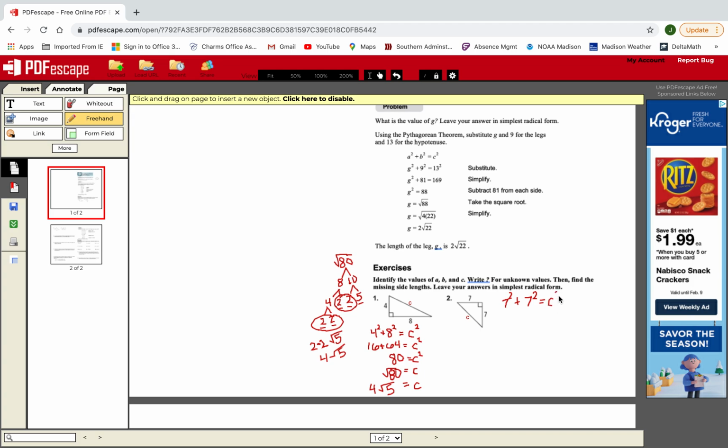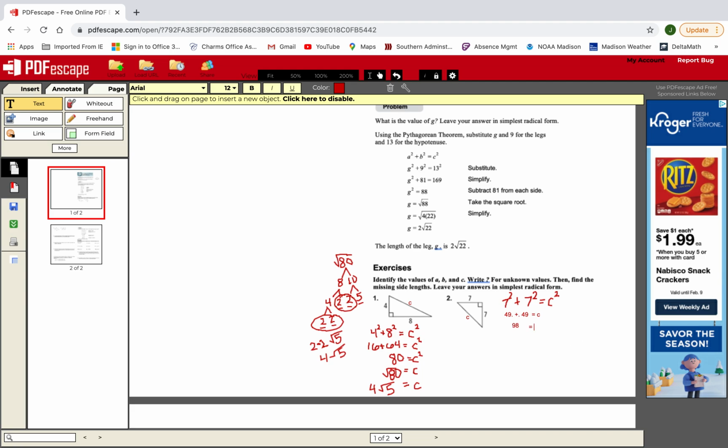So 7 squared is 49 plus 49, and I really wish I could type squared. 49 plus 49 equals c squared. I know that 49 plus 49 is 98, equals c squared.